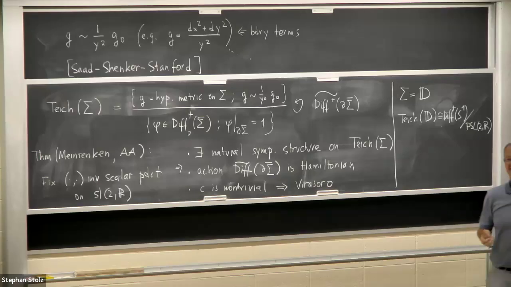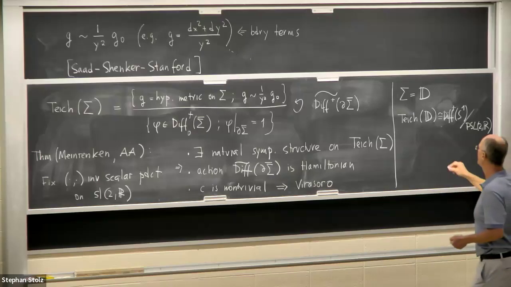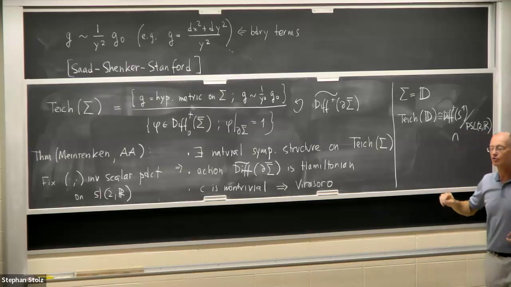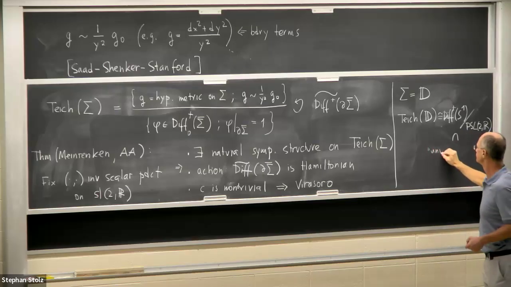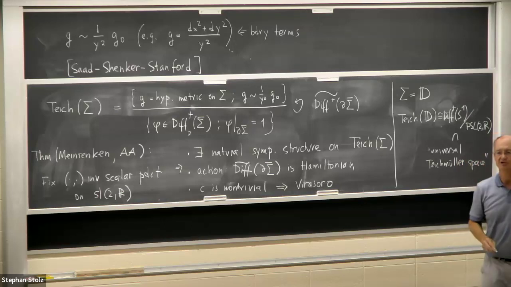So that may be an answer to your question. In that case, the action is clearly not free. Now this space is sitting inside the so-called universal Teichmüller space that people study in complex analysis. So this is a sort of smooth part of it.